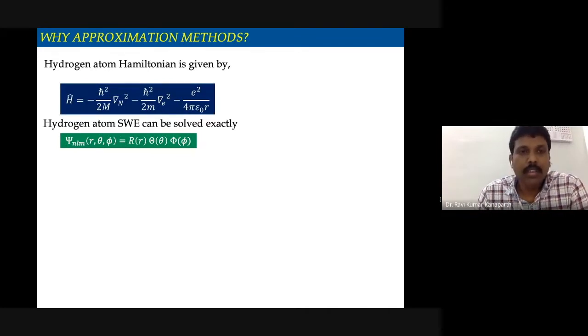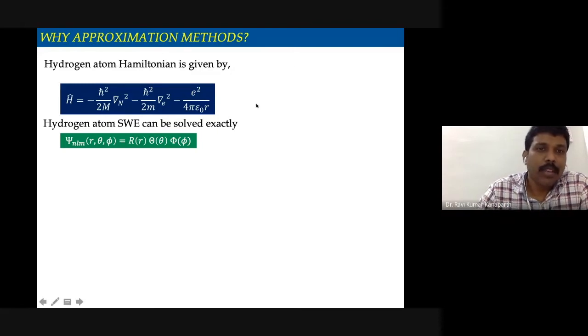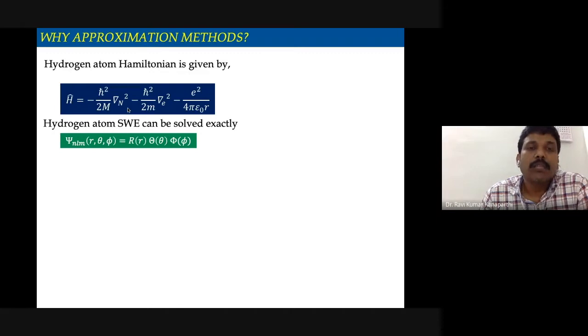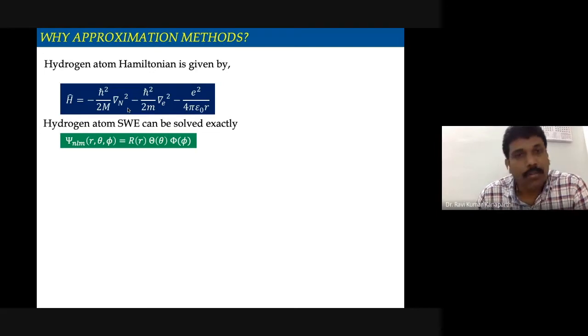It is essentially because of this reason. The hydrogen atom Hamiltonian is shown here on the slide. It has 6 coordinates: three coordinates required to describe the nucleus, and similarly three coordinates required to describe the position of the electron.